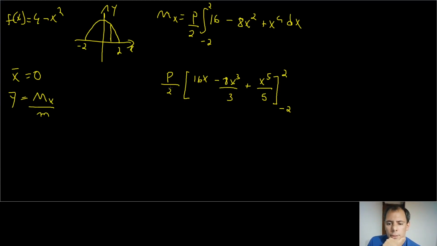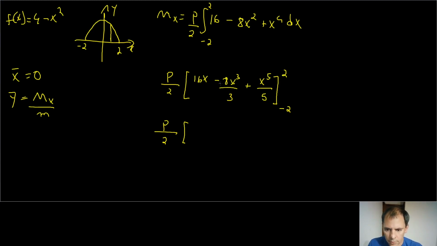This 2, I'm just going to leave it outside now. The whole thing is going to be 15. So I'm going to go P divided by 2, and in here, minus 2 and 2, or maybe I don't have to do that.